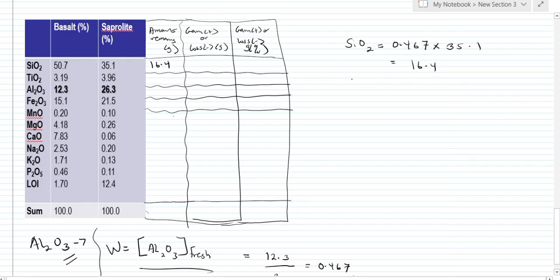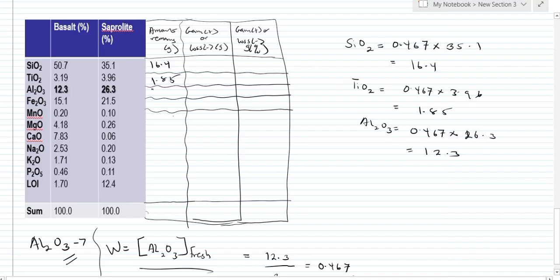Let's do TiO2. For that, we have 0.467 by 3.96, and that gives 1.85. The next one, Al2O3. We have 0.467 by 26.3, and that should be giving us 12.3.